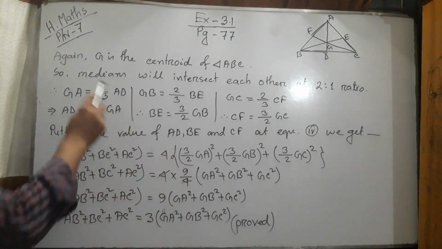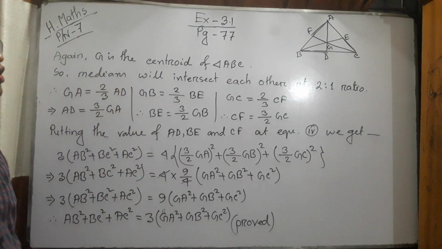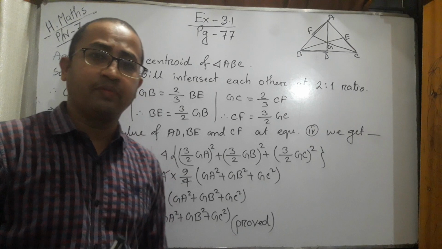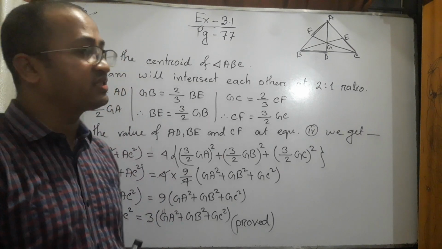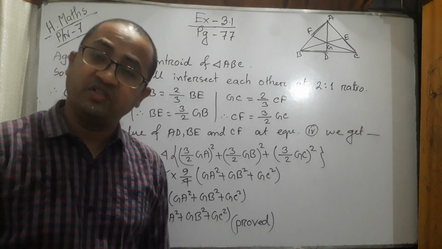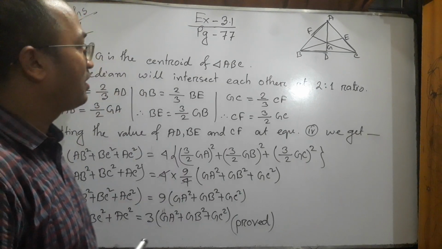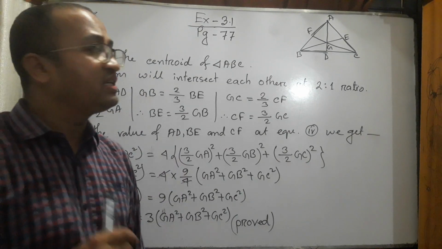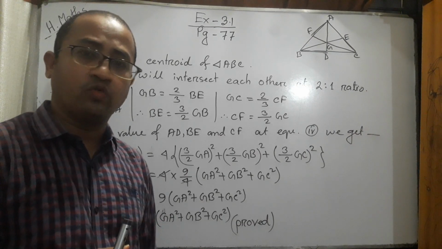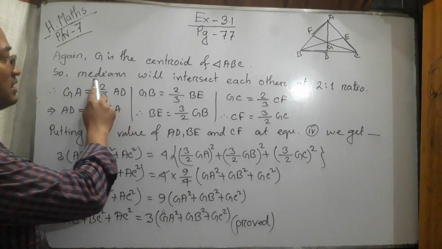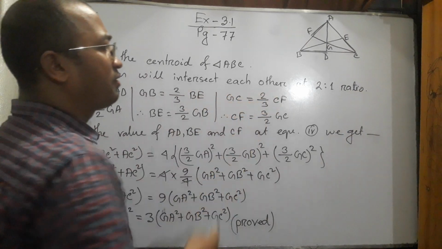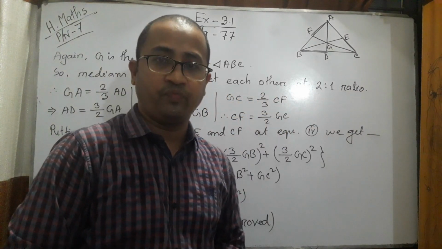Now look. Again, G is the centroid of triangle ABC. It is given in the question that all 3 medians intersect each other at the point G. So we can say G is the centroid of the triangle ABC. And if G is the centroid, what will it be? All the medians will intersect each other at 2:1 ratio.